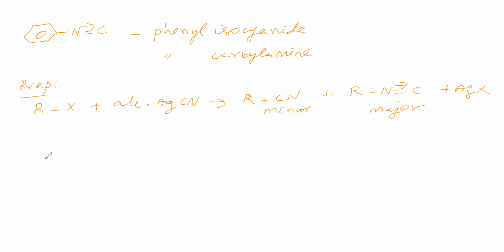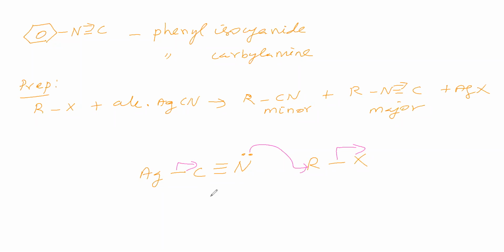So, now we will see the mechanism. AgCN we can write like this, and RX like this. Now how is the reaction possible? This nitrogen is attacking this R, this halogen is going away, and this bond is shifting, so that we are getting isocyanide.